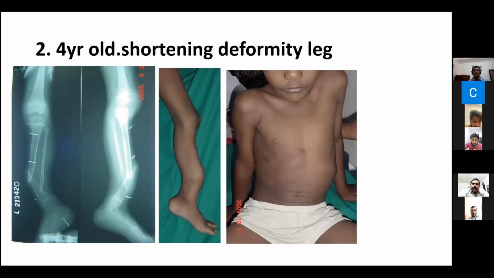Freshening of the bone ends with a bone graft, and closed reduction and internal fixation with an intramedullary nail. Your answer is right. Now, two things I want to ask you. What intramedullary nail would you use? A telescoping nail rod is one thing. What else? What is the other option?